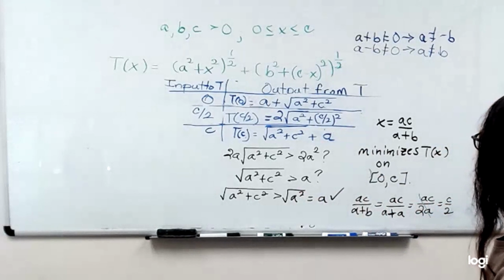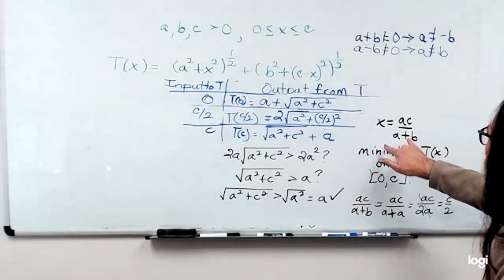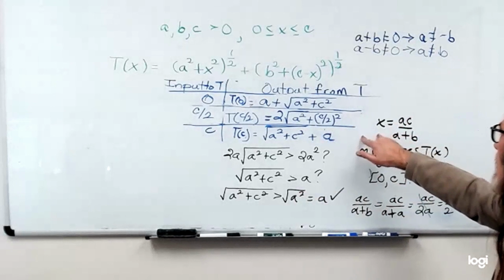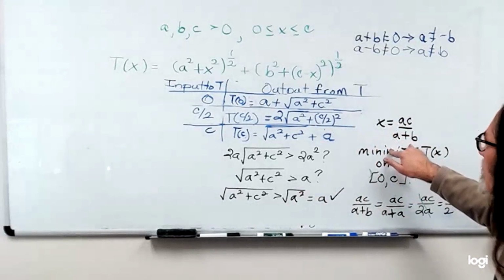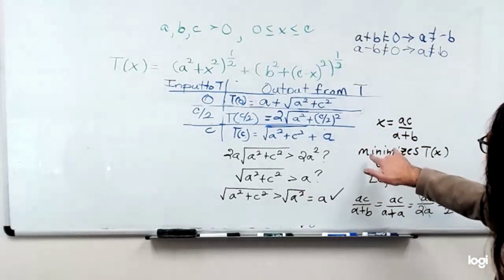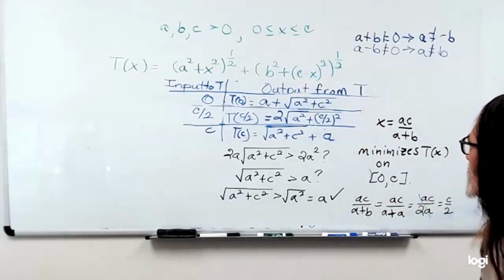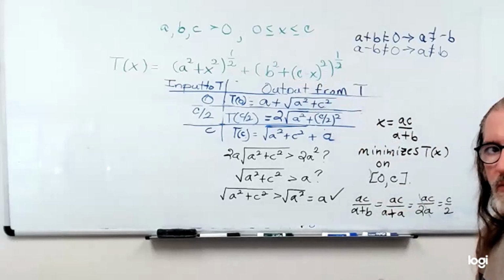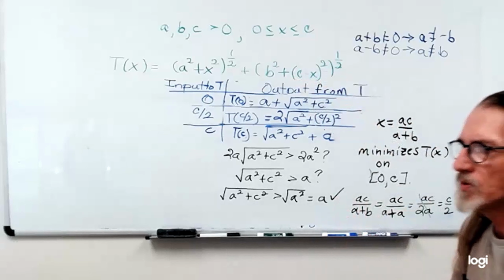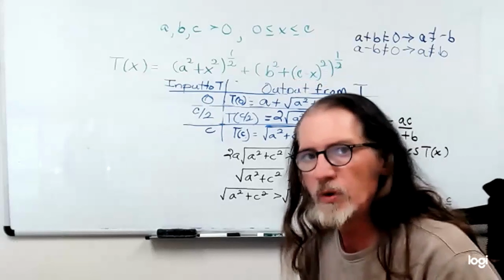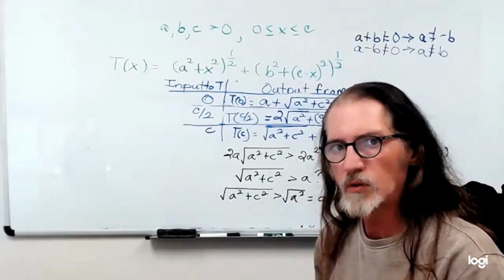So really, even if a does equal b, then we can say that for this value of x, it will minimize the function t. This is giving us an expression in terms of the heights of the poles and the distance along the flat ground between the 2 poles that will minimize the total length of the wires.